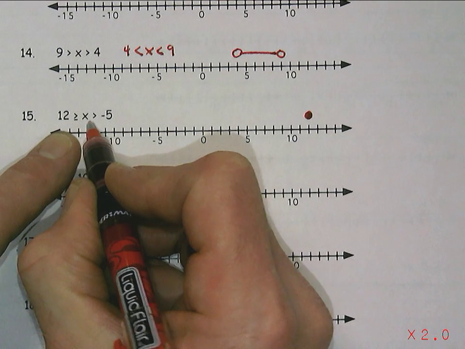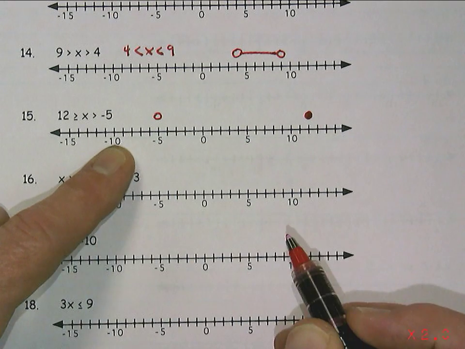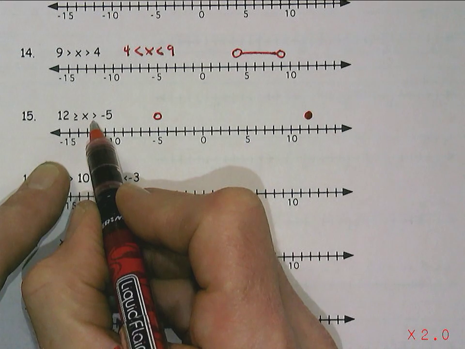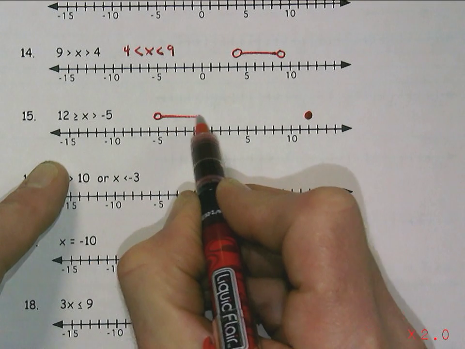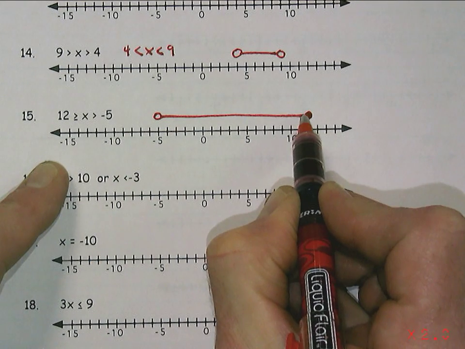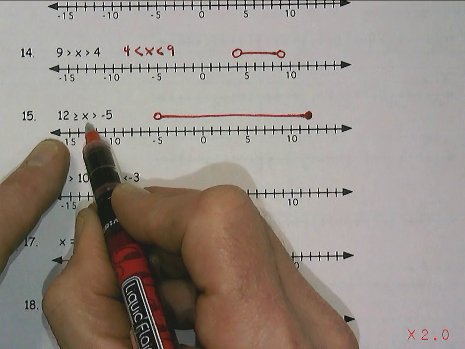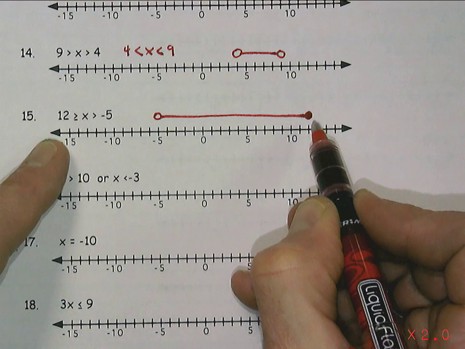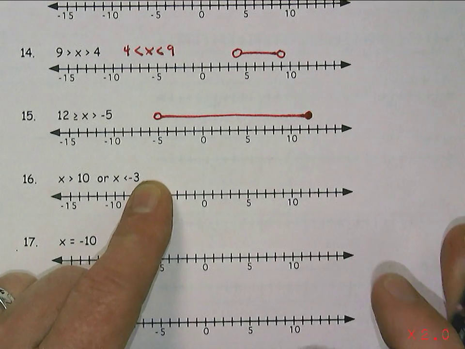But x is also greater than -5, so I go down to -5, and that one's an open circle because we have just numbers greater than, and then it's everything in between these two. So that's really an and. Both of these have to be true. It has to be more than -5 and it has to be less than 12. Those are the only set of numbers.